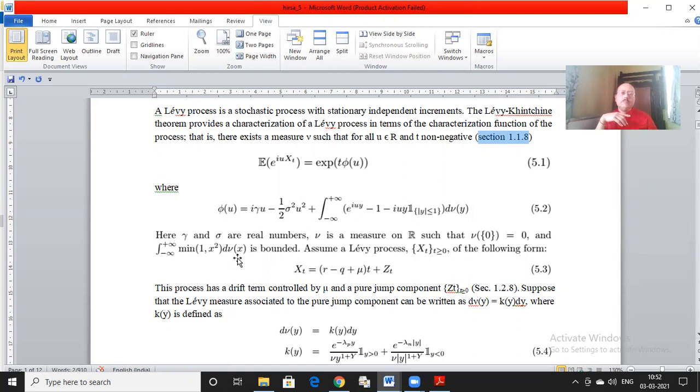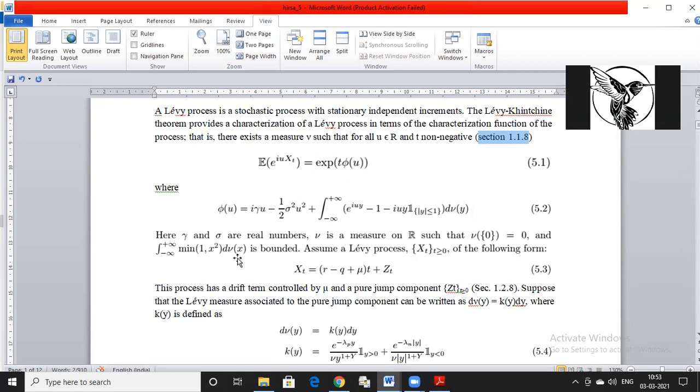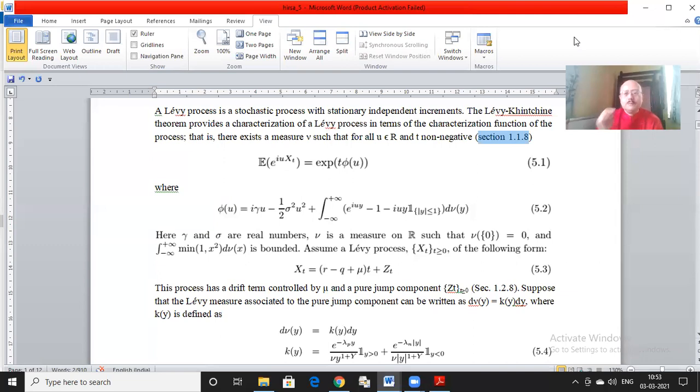Can you tell me where you have seen this before? You all have seen this before. In probability. Anyone here who would like to respond? We have seen finiteness of second order moments.